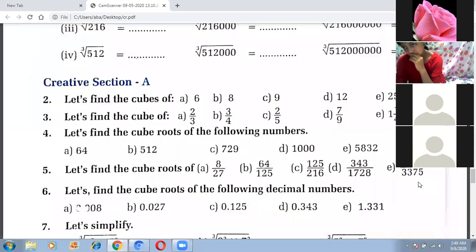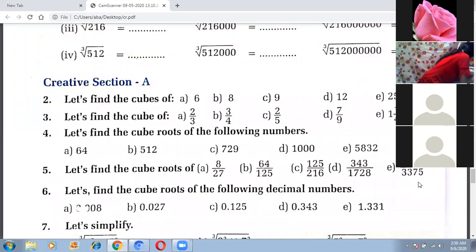Yes or no? Cube root and 3 cancel. Cube root और 3 cancel भएपछि कुन number बाँकी रह्यो? In the numerator 2 into 2 into 2 is left, and in the denominator 3 into 5. 2 into 2 is 4, 4 into 2 is 8, and 3 into 5 is 15.